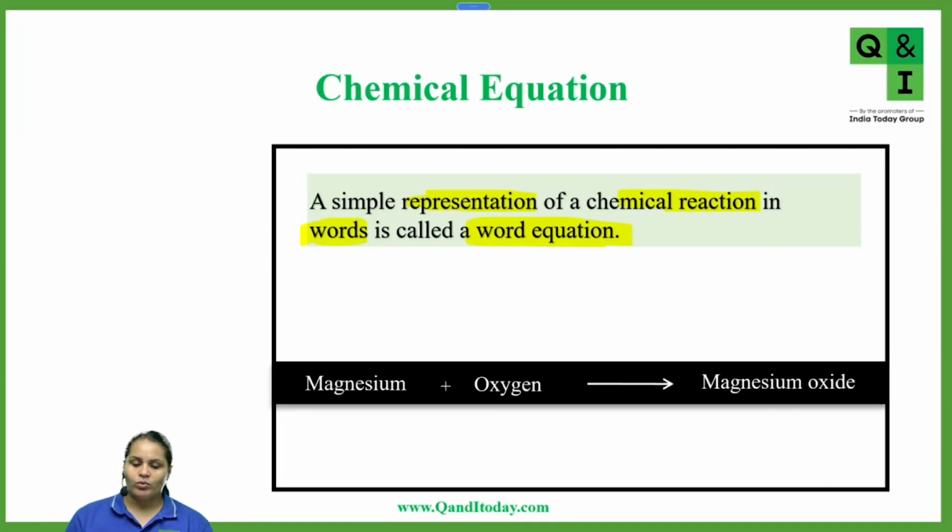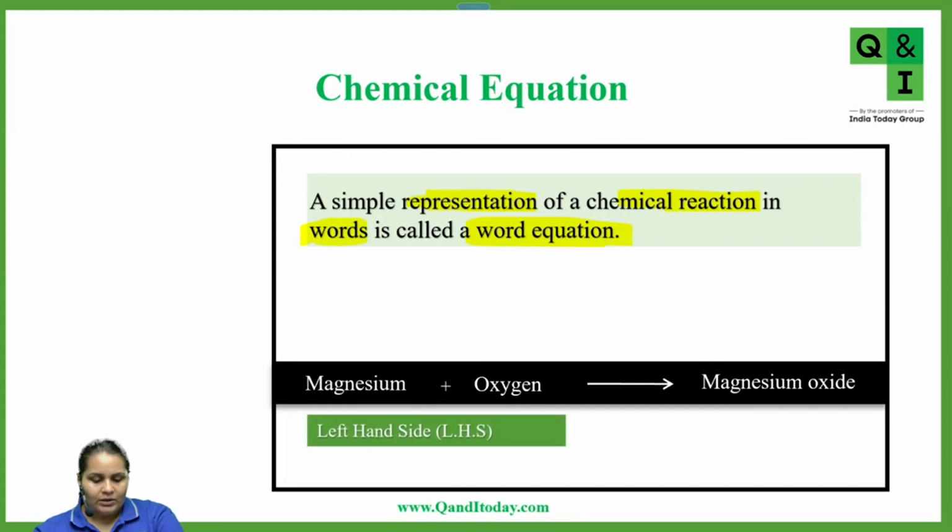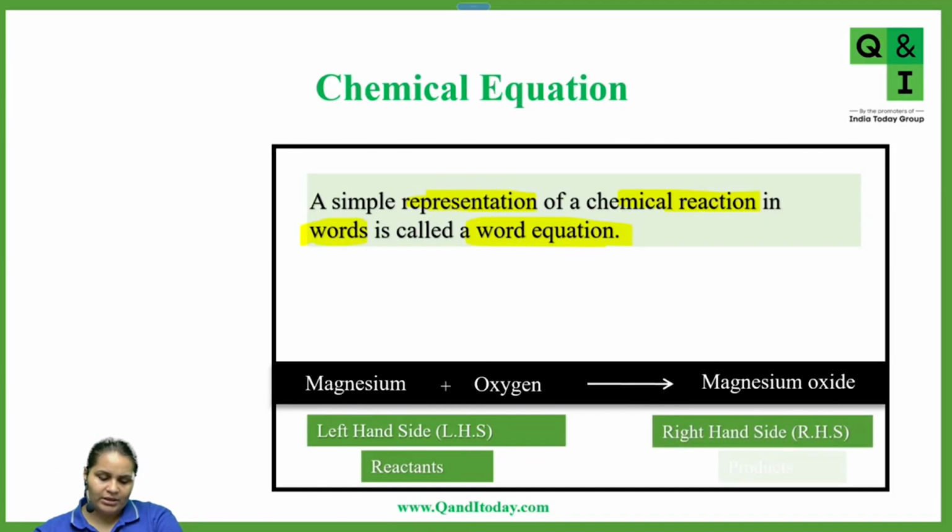This is word equation. That's an example. Okay, so left hand side we write reactants, and right hand side we write products.